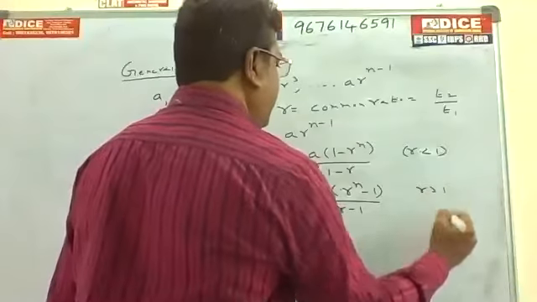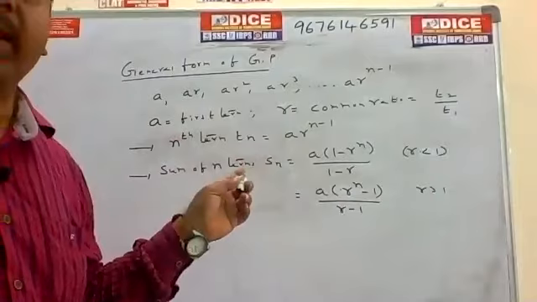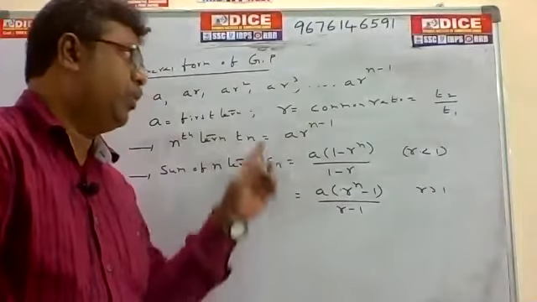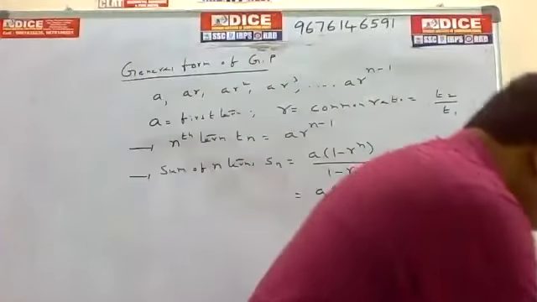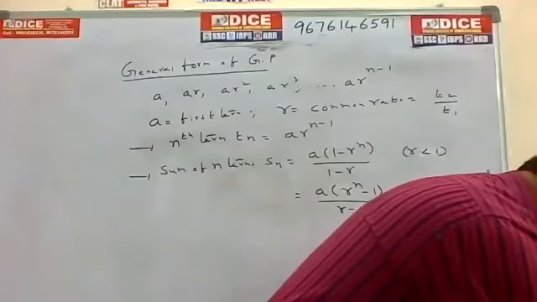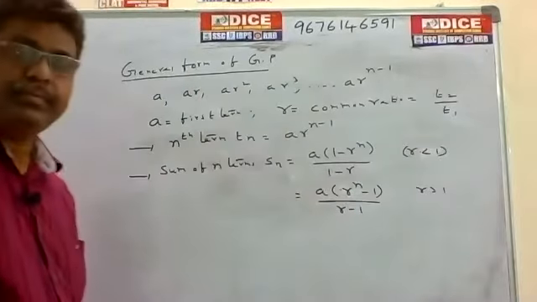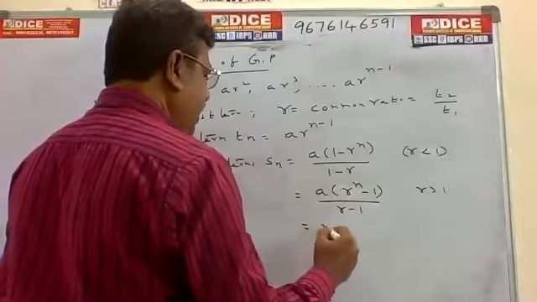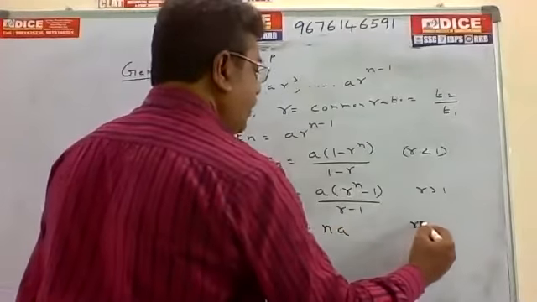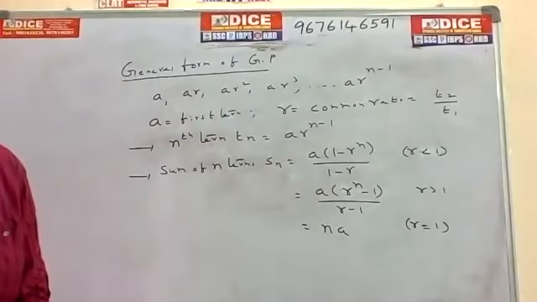If R is greater than 1, you can use this one. But write down all these things, bold, and then you can go for the problems. This is equal to n into A if R is equal to 1.